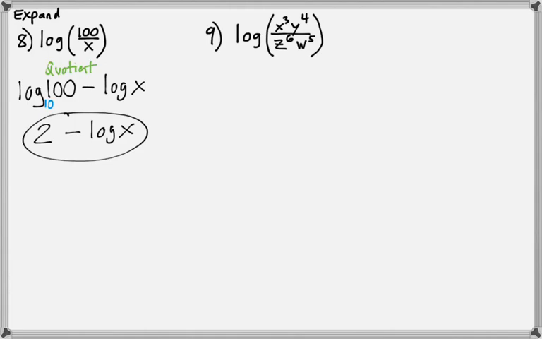Okay, number 9, we have a lot of stuff going on here. We have 4 different terms that are all being multiplied and divided. So we're going to be using the product and the quotient rule.